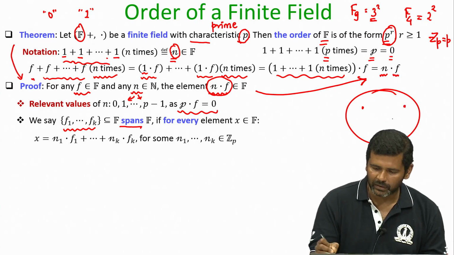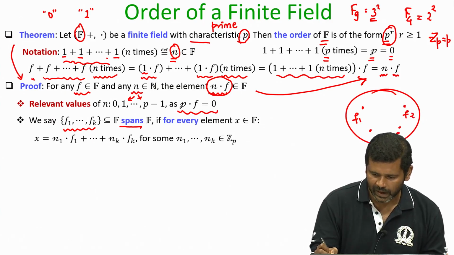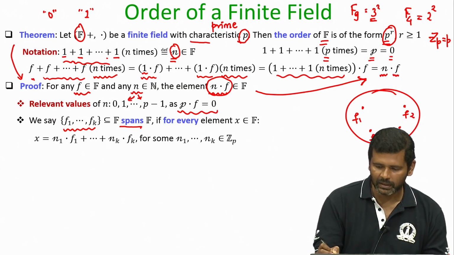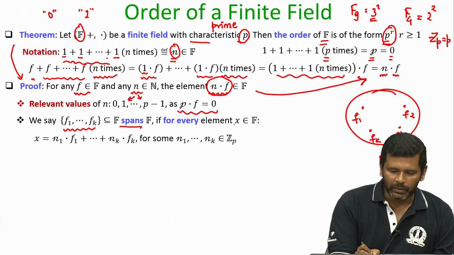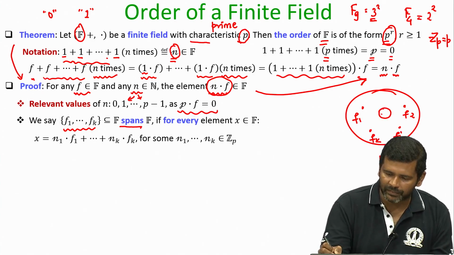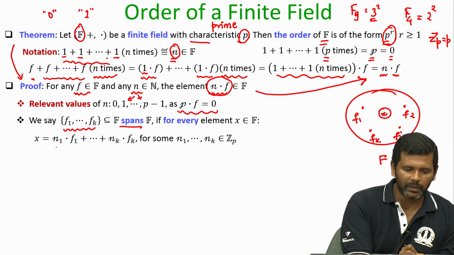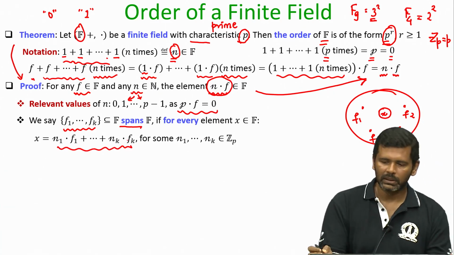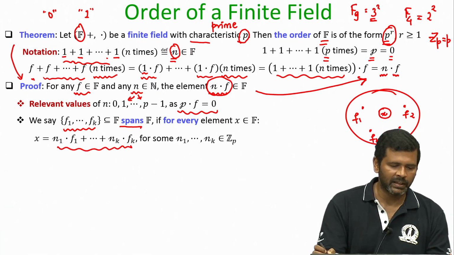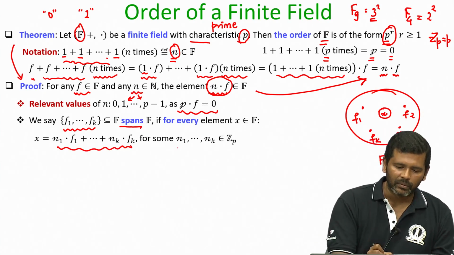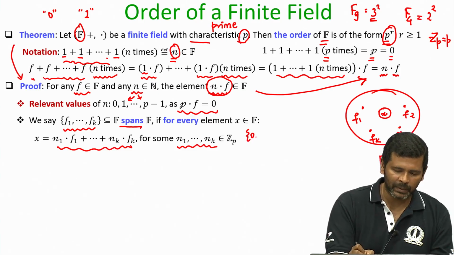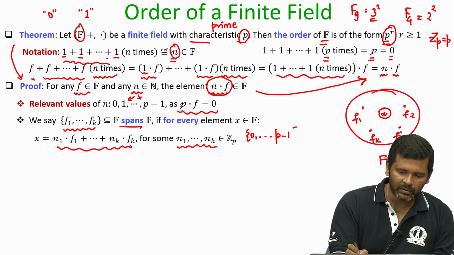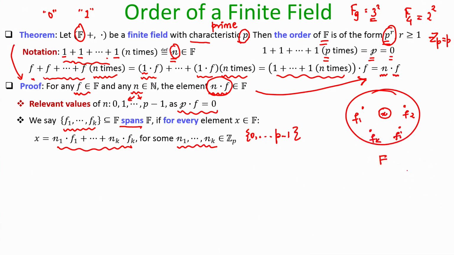If I focus on a collection of values which I call f1, f2, fi, fk, I will call the collection of these elements the span of the field if the following holds: you take any element x from the field, that can be expressed as a linear combination of the elements from your collection f1 to fk, where the linear combiners are from the set 0 to p minus 1. Why am I focusing on the linear combiners in the range 0 to p minus 1?